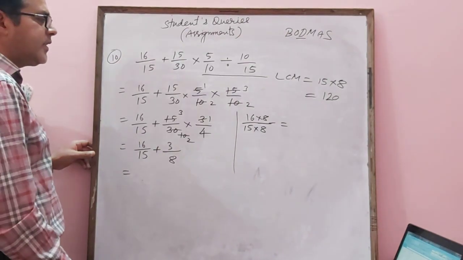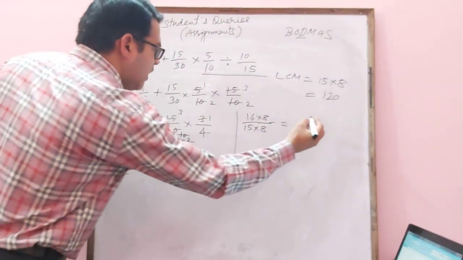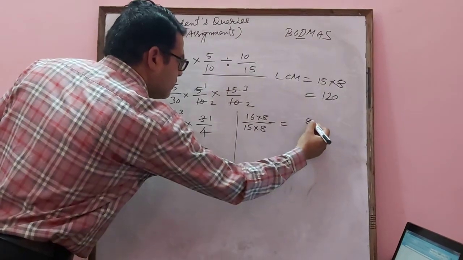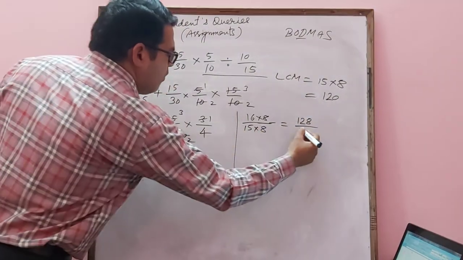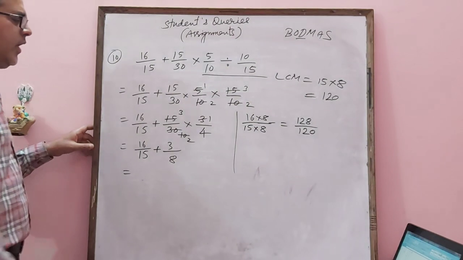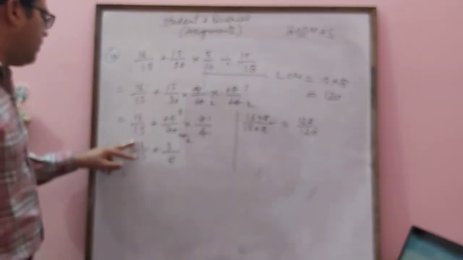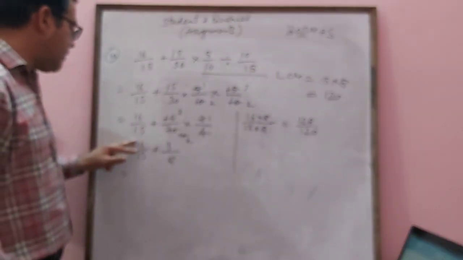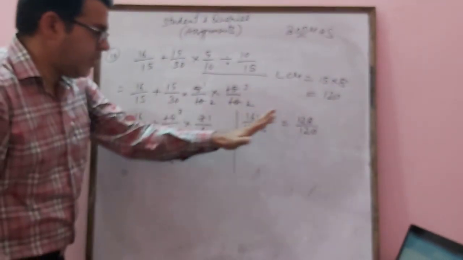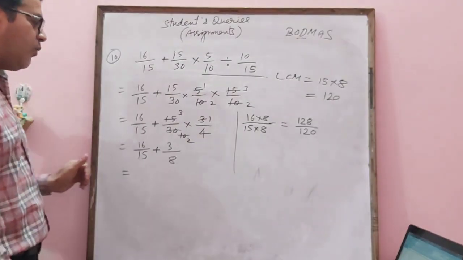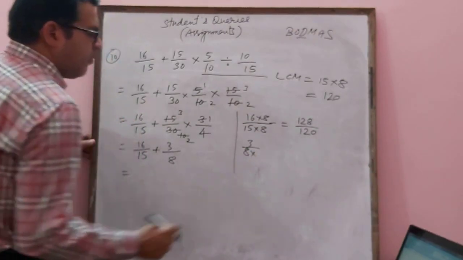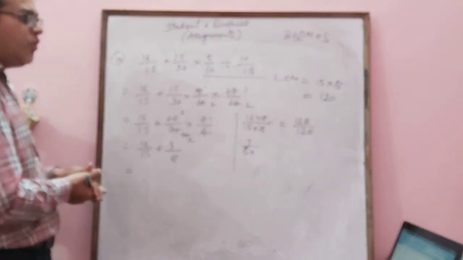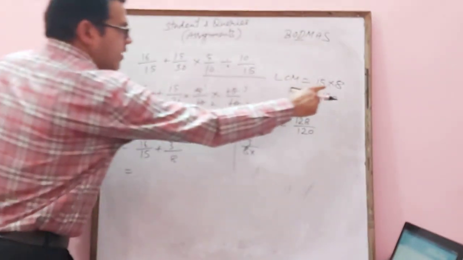Hope you understand. Now 16 and 8, what will come? 128, and 15 eights we know 120. It means the equivalent fraction for 16 upon 15 is 128 by 120, and second is 3 by 8. By which number in 8 should we multiply to get 120? By 15.